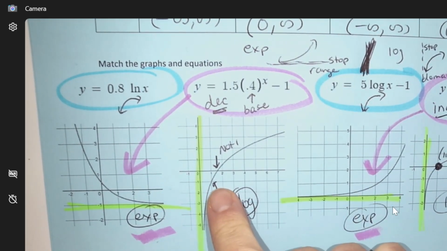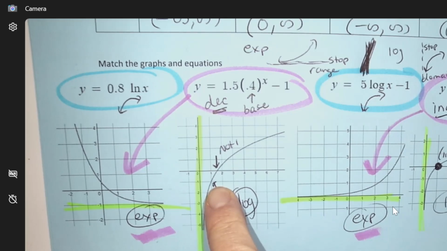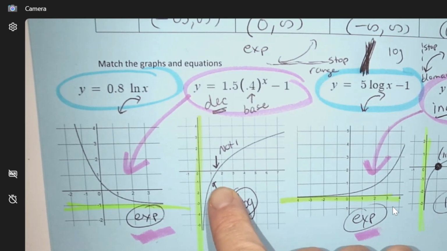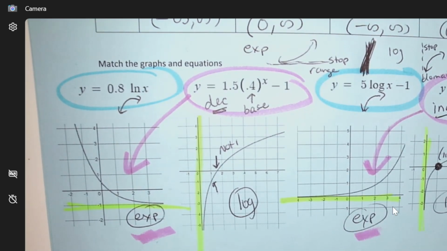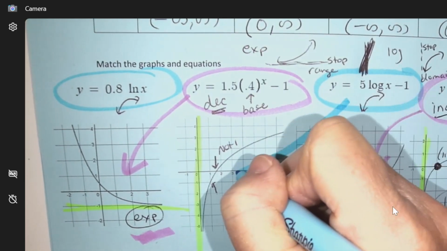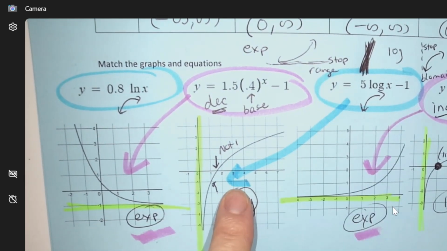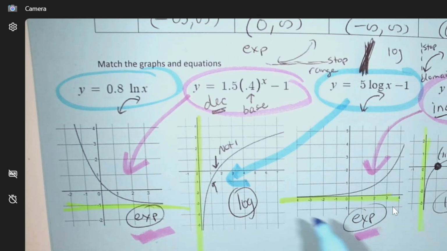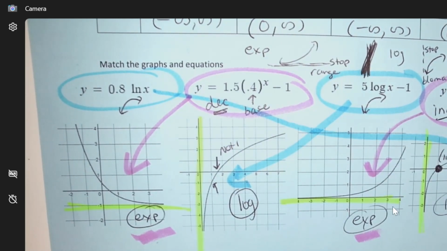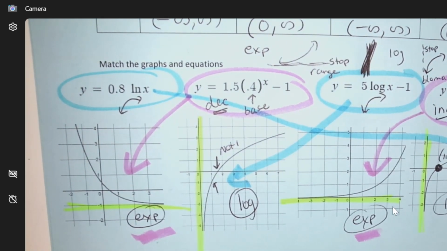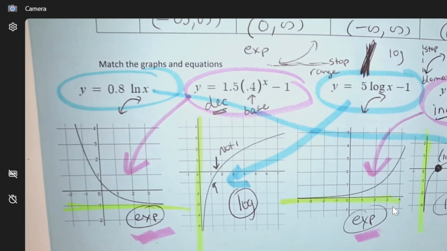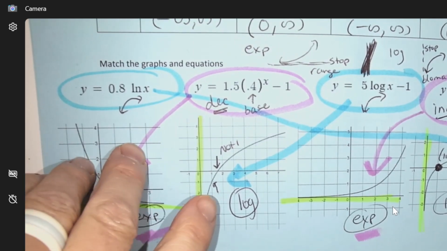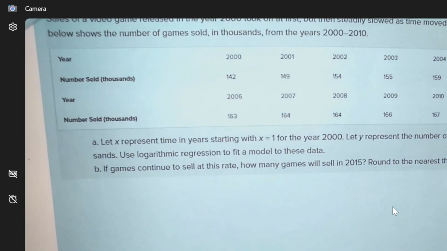It's going to make it go down 1, and that's what happened. -1 is going to make something shift down. So this one is that log that isn't at 1 because it shifted down. Okay, so again, I should check, but I don't think I'm letting you use a calculator.